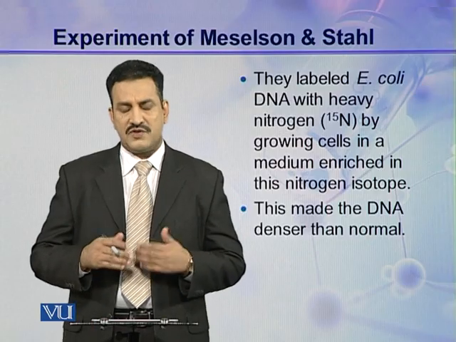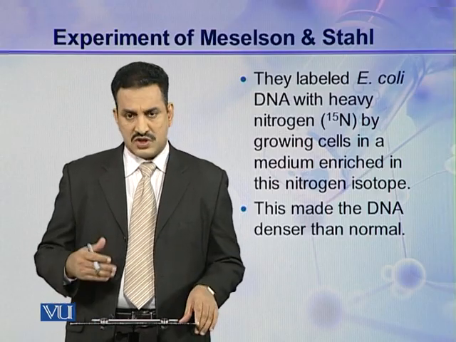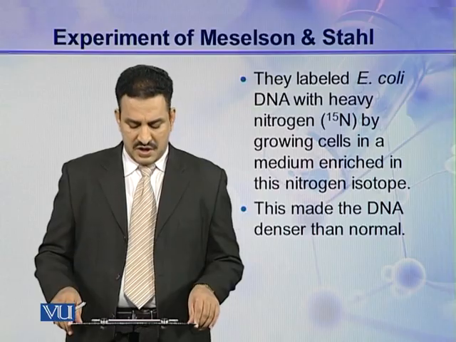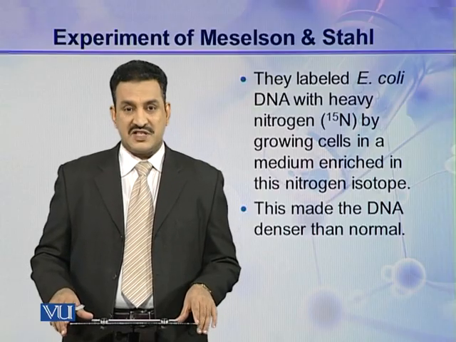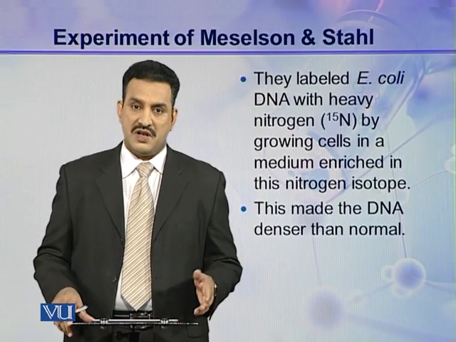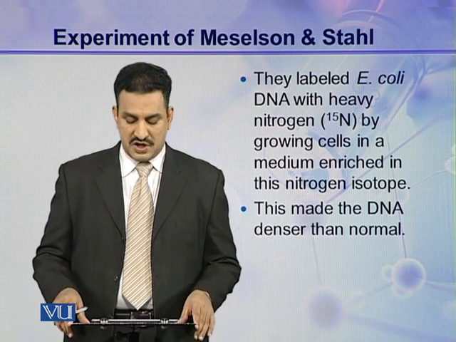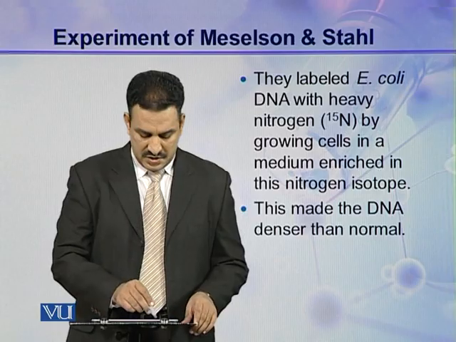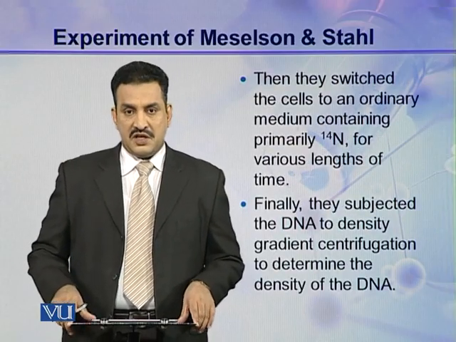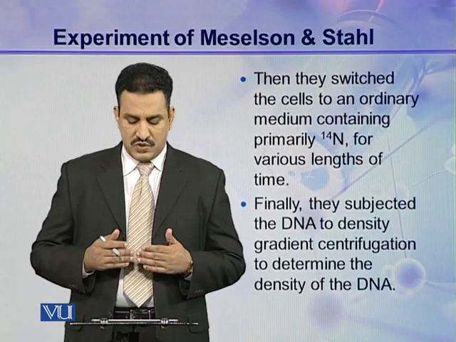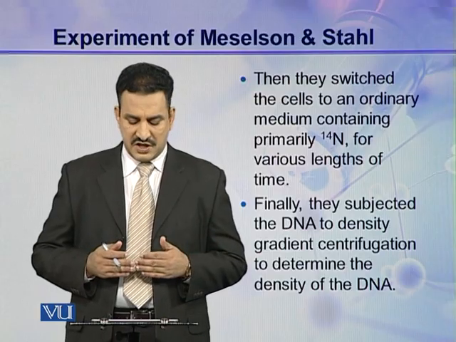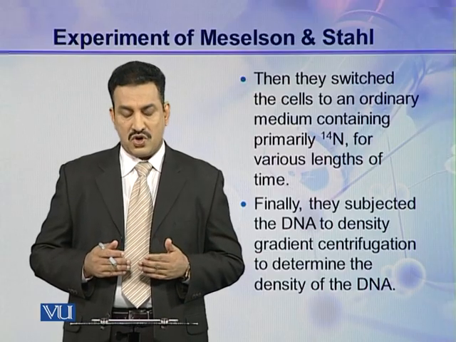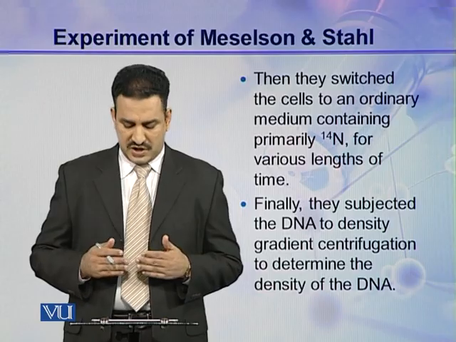In this way, after several generations of culturing, the DNA was denser than the normal DNA, because it contained heavy nitrogen instead of normal nitrogen. Then they switched the cells to an ordinary medium that contained primarily normal nitrogen, that is N14.